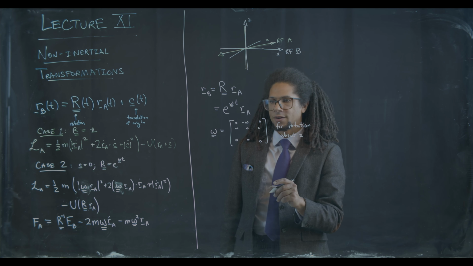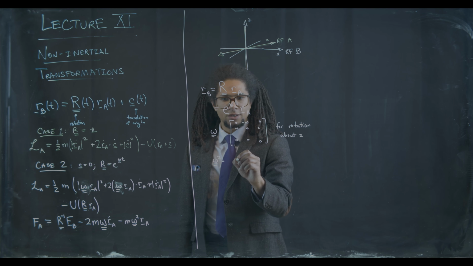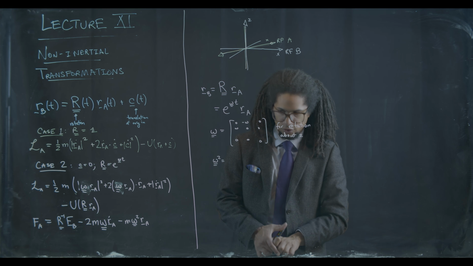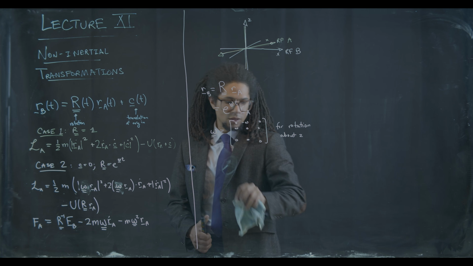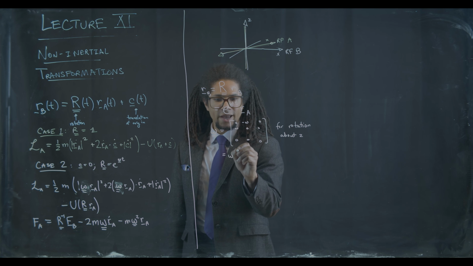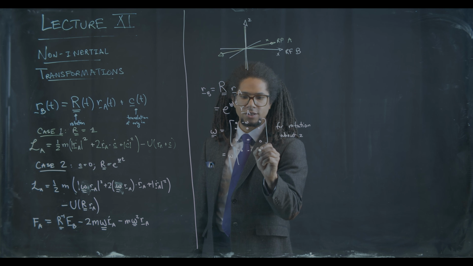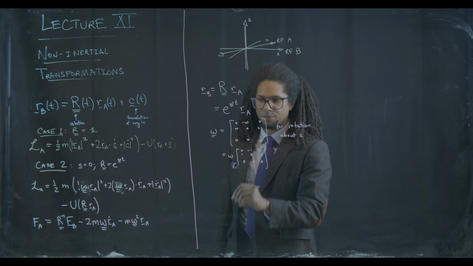Let's notice that this choice of omega can also be expressed as omega times the matrix with rows (0, minus 1, 0), (1, 0, 0), (0, 0, 0).